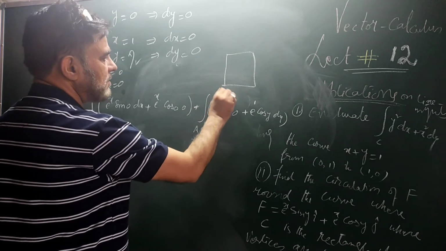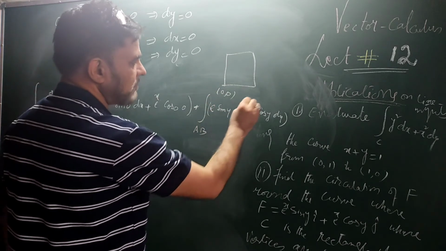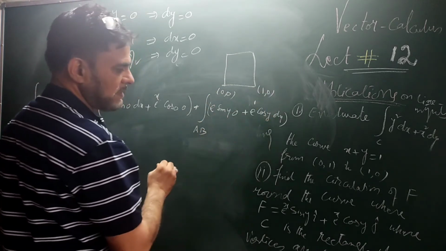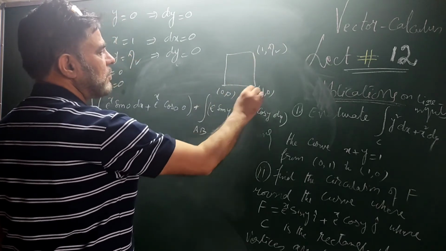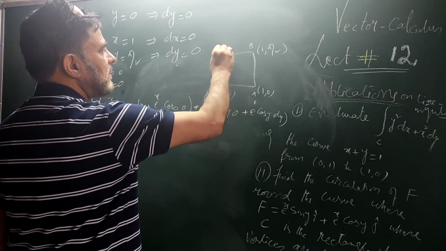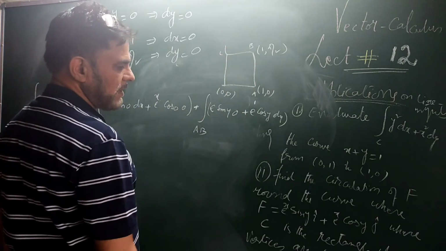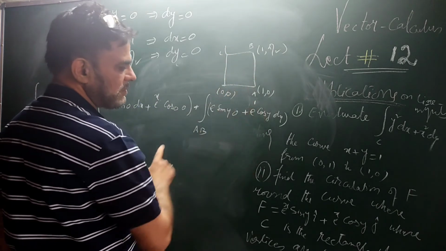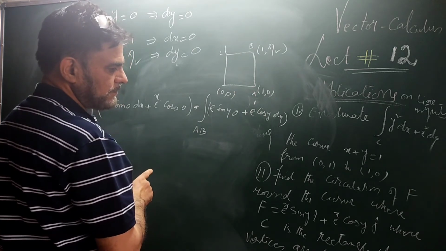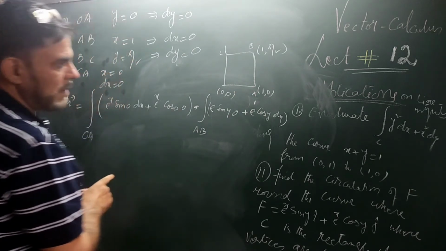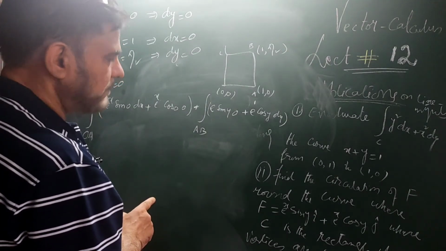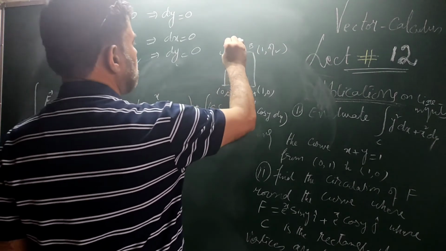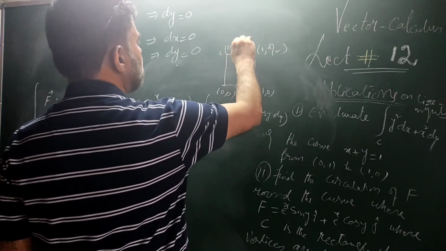It was 0 0, 1 0, 1 pi by 2, and 0 pi by 2.